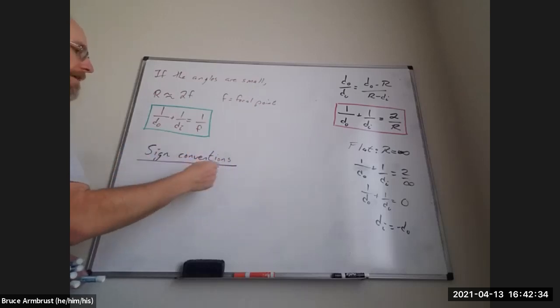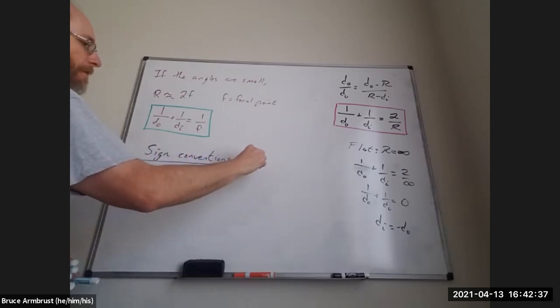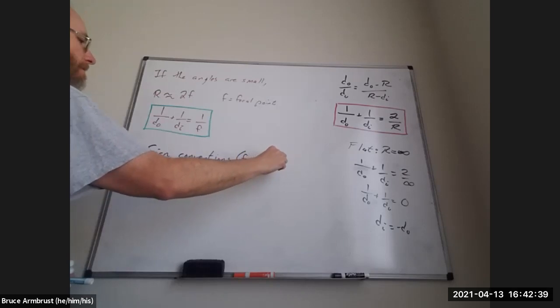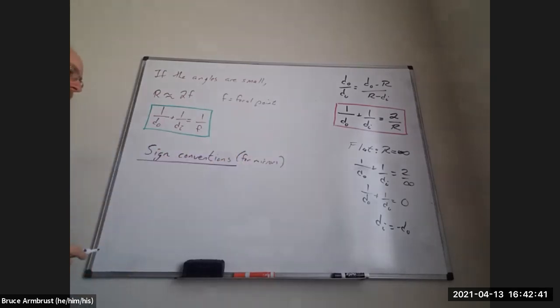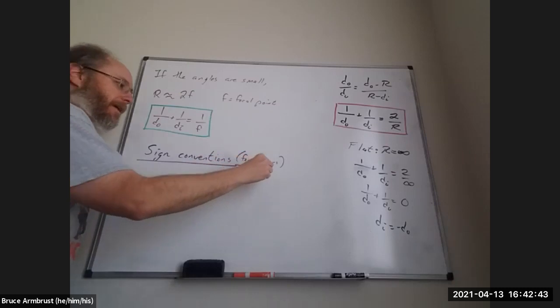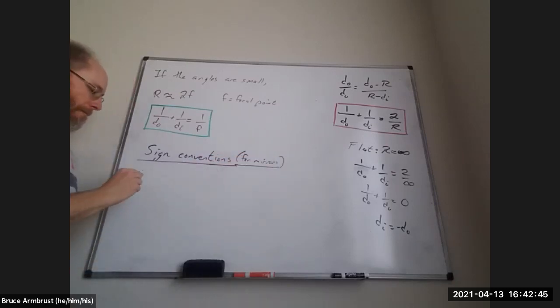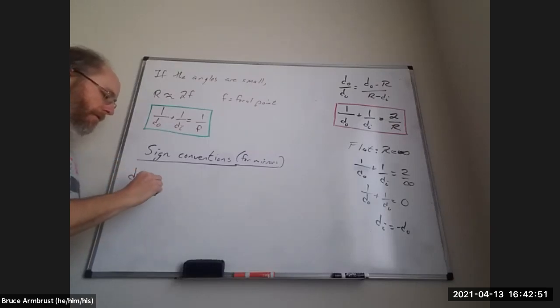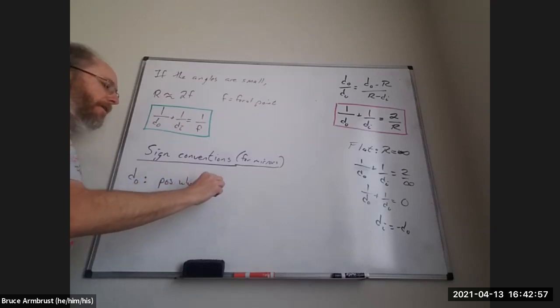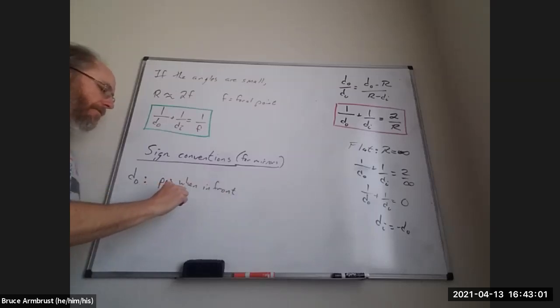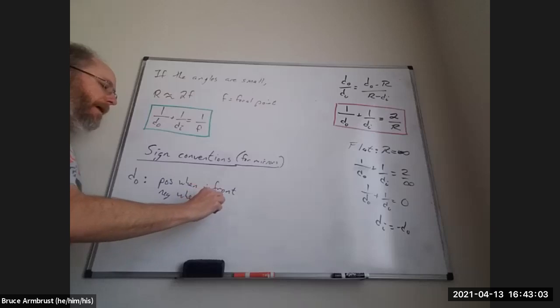So these sign conventions, let me put here for mirrors, since that's what we're talking about right now. Okay, so let's start with DO. It's going to be positive when in front, negative when behind.